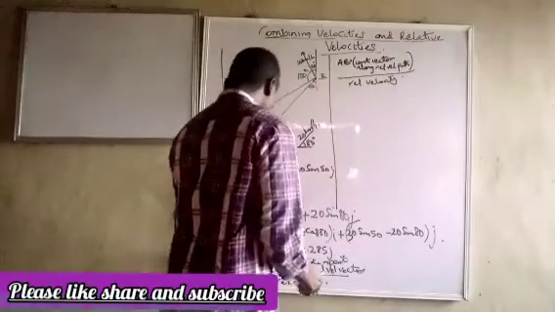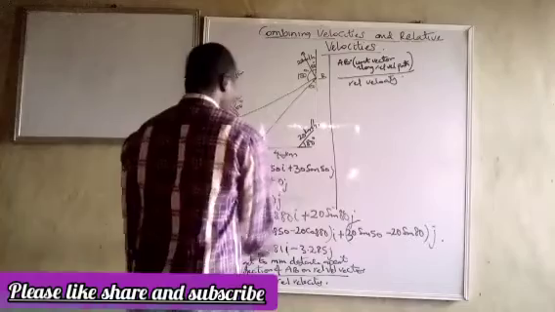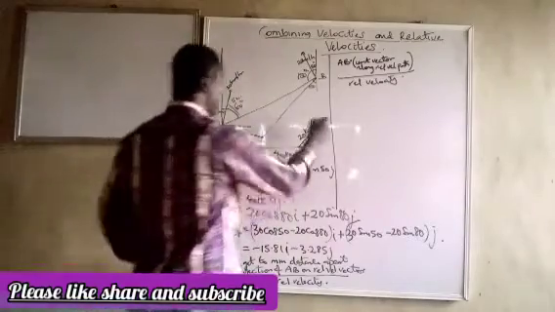And the unit vector of this one is going to be this vector over the magnitude. So let me work it out. This one is 40 here now.